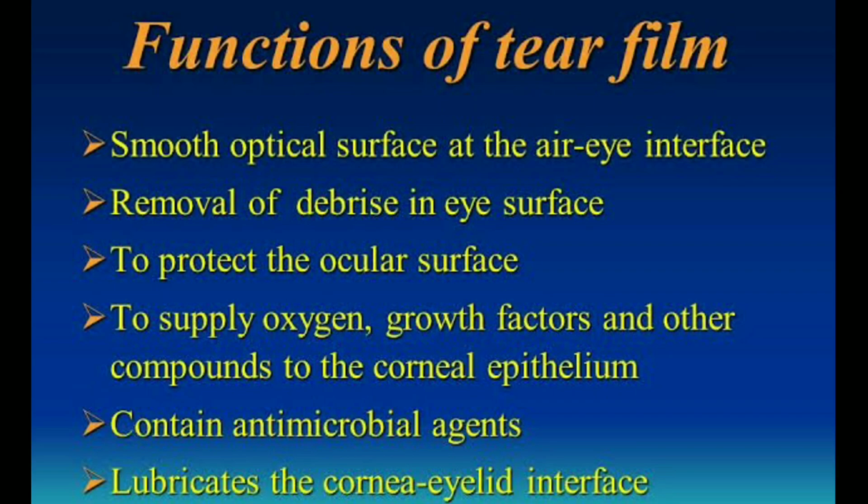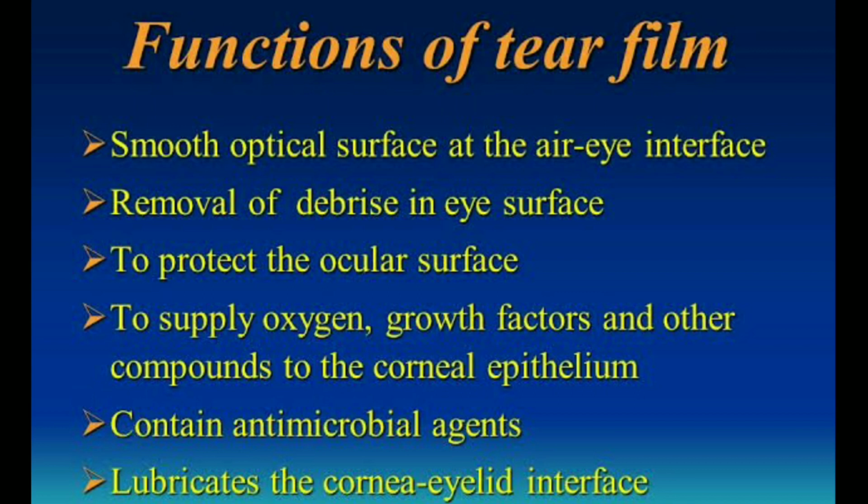Now in this slide, the functions of tear film have been discussed point-wise. Number 1 is the smooth optical surface at the air-eye interface, and they also remove the debris on the eye surface. They protect the ocular surface. They supply oxygen, growth factors, and other components to the corneal epithelium, and also contain antimicrobial agents.